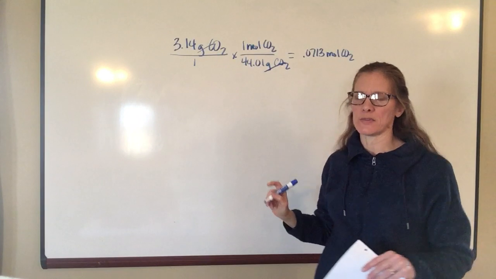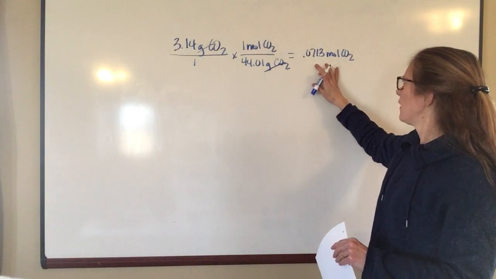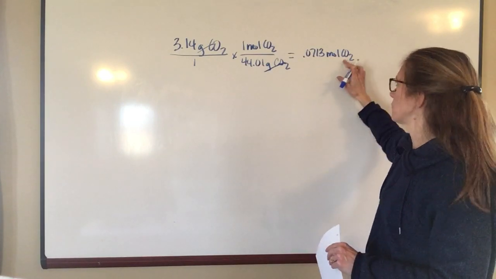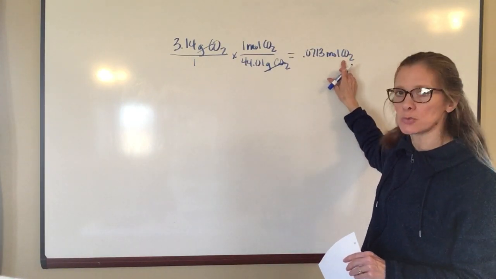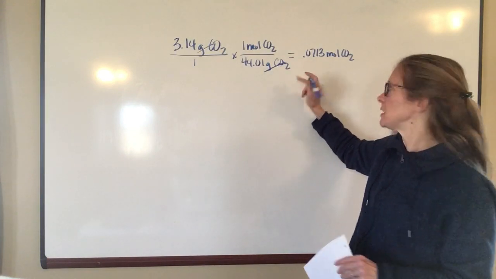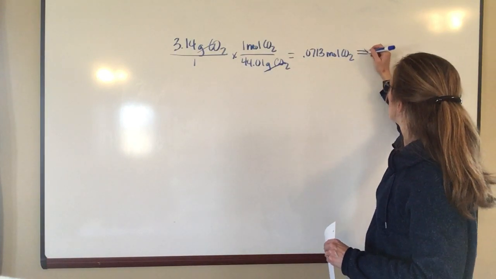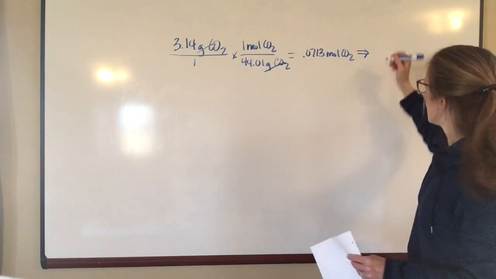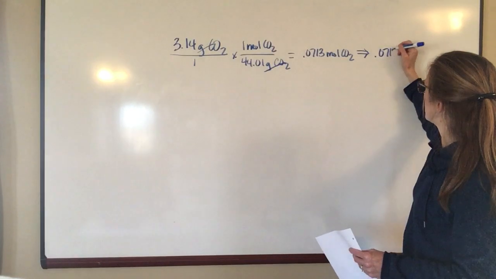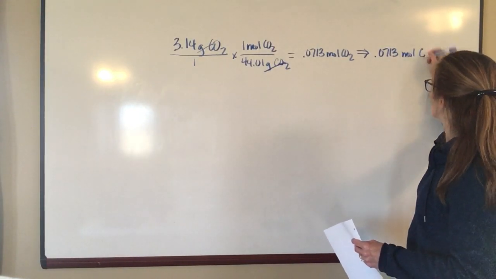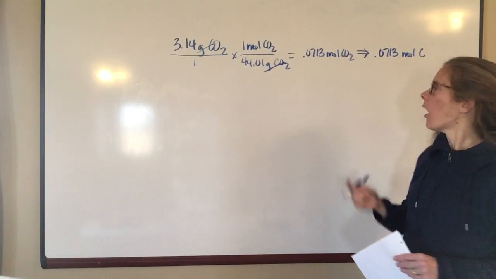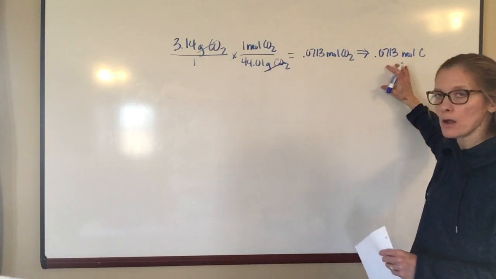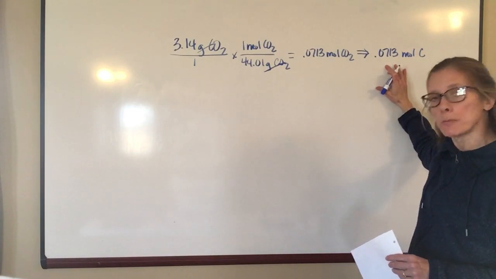If you divide that out, that's the number you should get. Okay, now, for every 1 mole of carbon dioxide, I also have 1 mole of carbon, because the subscript here is 1. So if I have 0.0713 moles of carbon dioxide, I'm also going to have 0.0713 moles of carbon. Okay? All the carbon in the compound has gone into the carbon dioxide, so I know that's how many moles of carbon were in the sample that I burned.